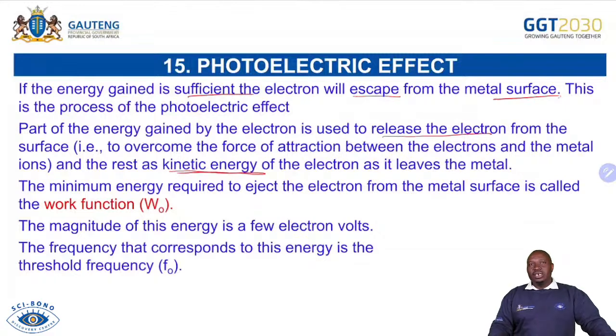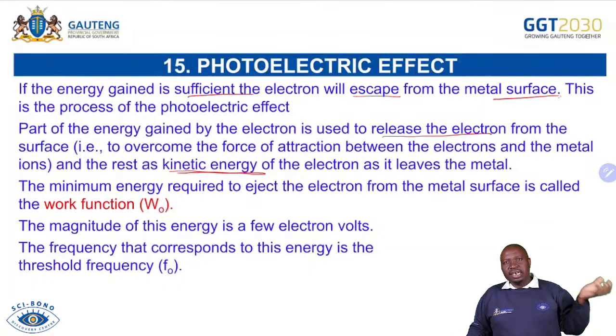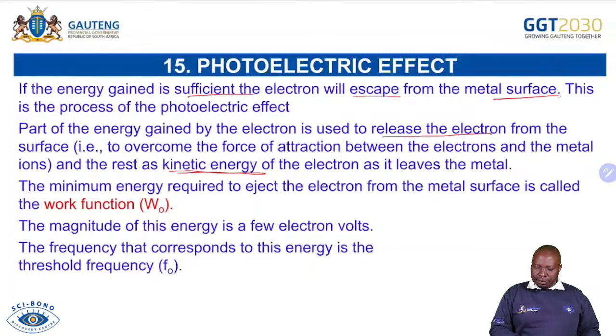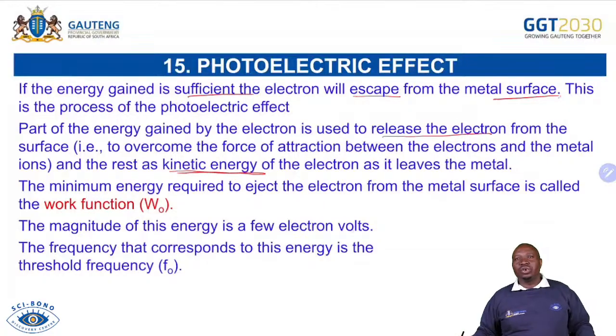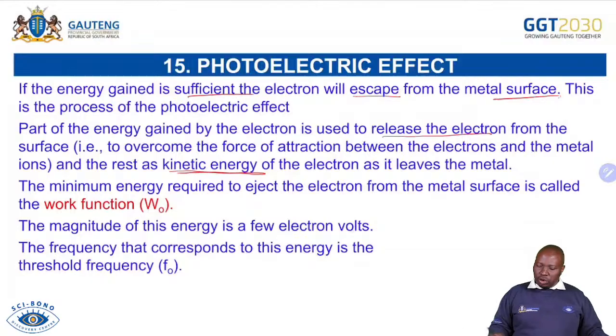When it is released from the metal surface, the rest of the energy is converted to kinetic energy. The magnitude of this energy is a few electron volts, and the frequency that corresponds to this energy is the threshold frequency.